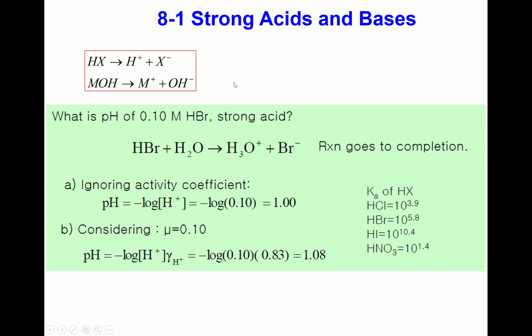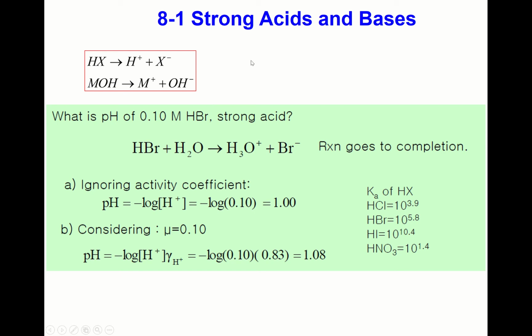Let me ask you a very simple question. What is the dissociation constant for this strong acid and strong base? Can we define the dissociation constant? Well, since there is no HX form or MOH form left after dissociation, the denominator of the equilibrium constant is almost zero, so the equilibrium constant is almost infinite, very large, practically.